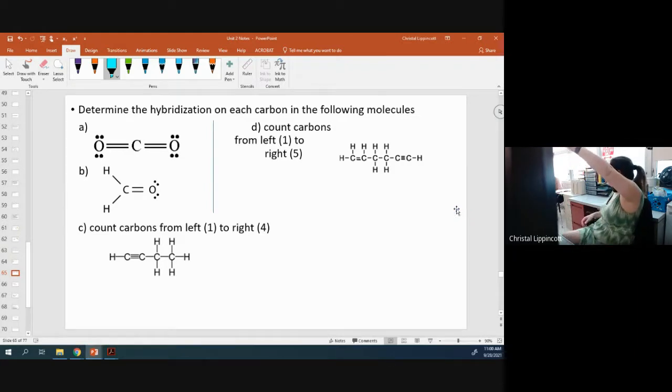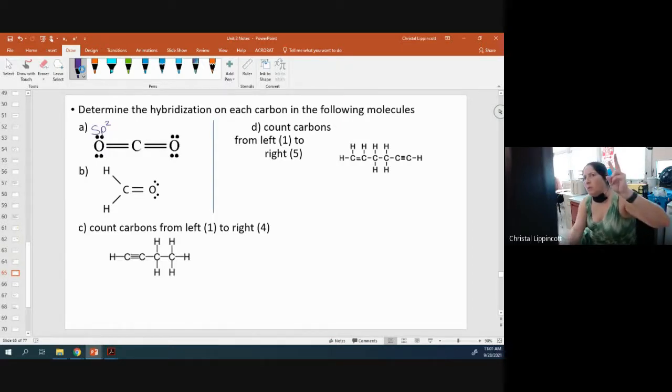Do you remember this from honors? Anywhere that you see a pi bond or a double bond on that atom, take down a finger. So for this oxygen, we have 2 fingers up. It's going to be sp2 hybridization.